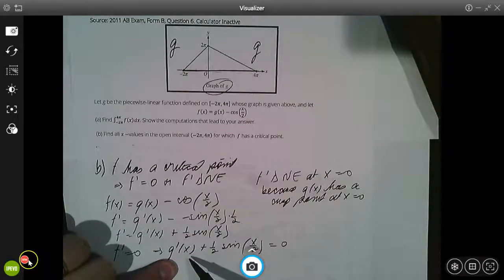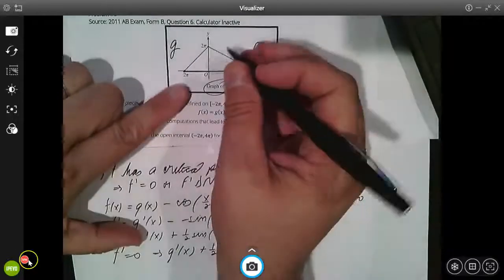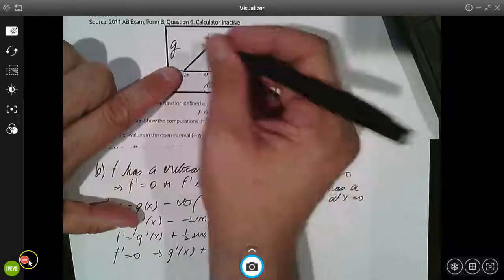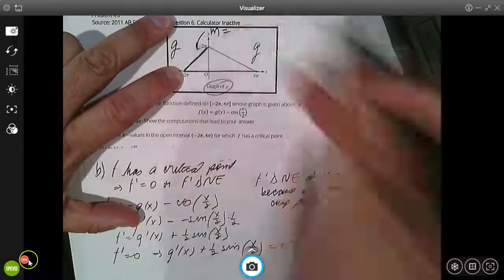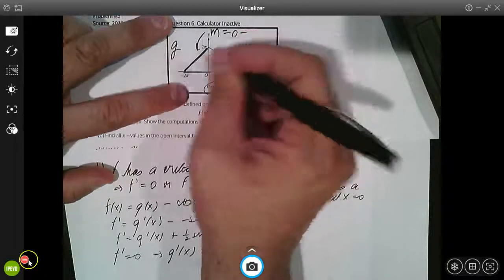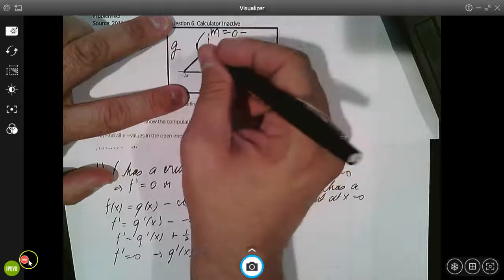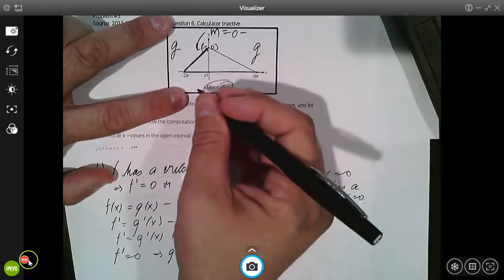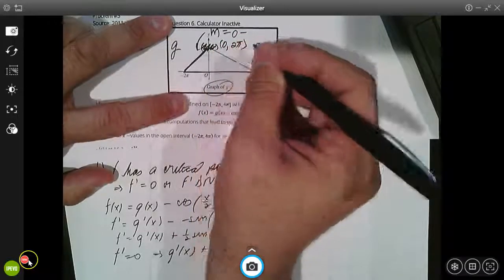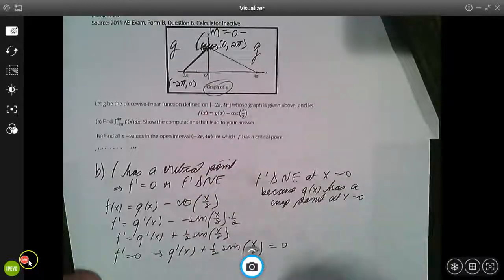G prime means derivative, it means slope of a tangent line. Well, g is just a line. I can find the slope of this line by doing change in y. So 0 minus, I'm sorry, let's call that point 0 comma 2 pi. And this point is negative 2 pi comma 0, my bad.